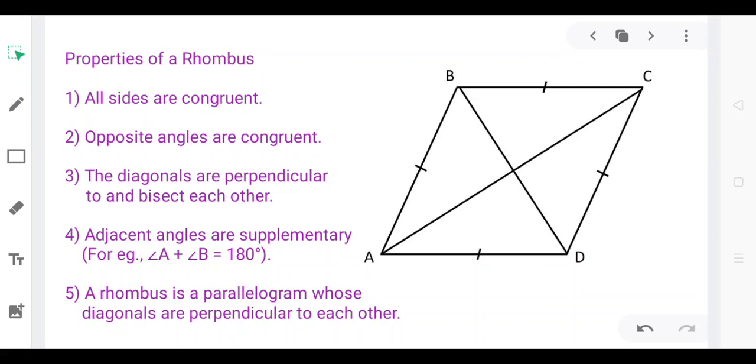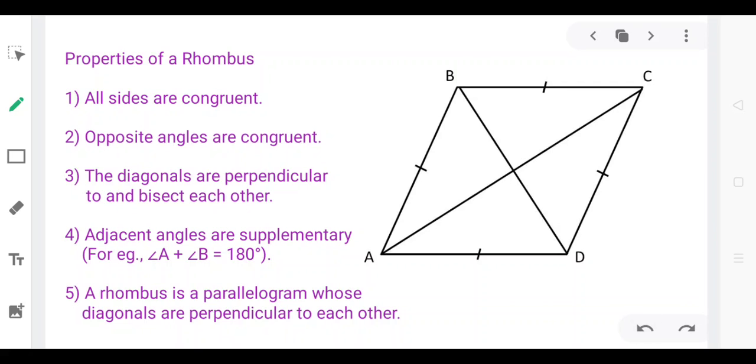Third property, the diagonals are perpendicular and bisect each other. Here you may observe the diagonals BD and AC bisecting each other, and at that point they make an angle of 90 degrees. In this way it makes a 90 degree angle in all four parts.